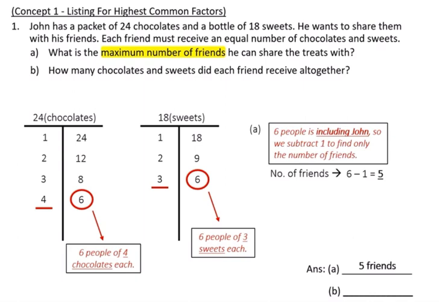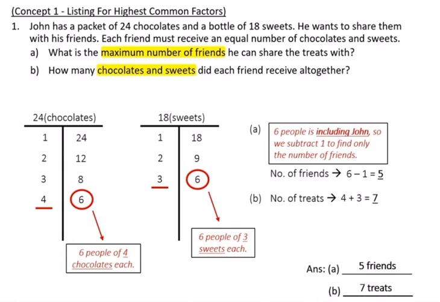Understand? And question B, the number of chocolates and sweets. So if you have this here, you're able to see how many chocolates and sweets each friend received. Over here, each one will get 4 chocolates. Over here, each one will get 3 sweets. So you take 4 plus 3, your answer is 7 treats.